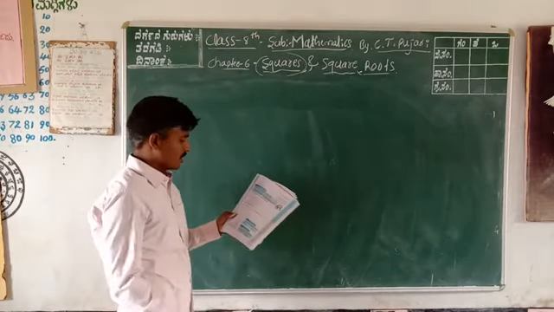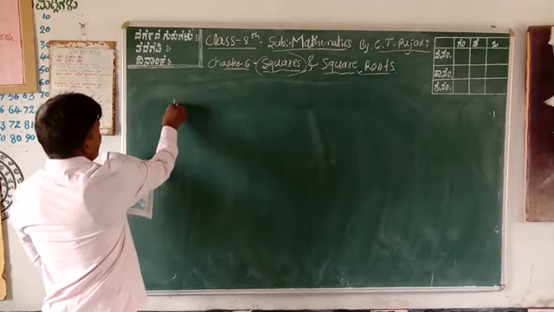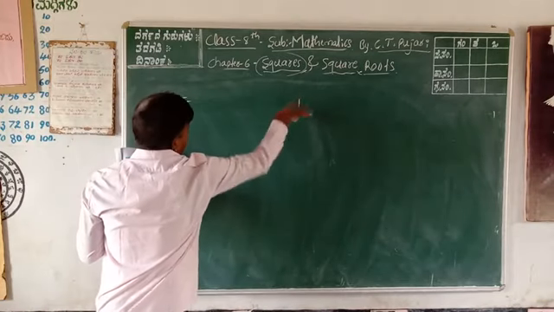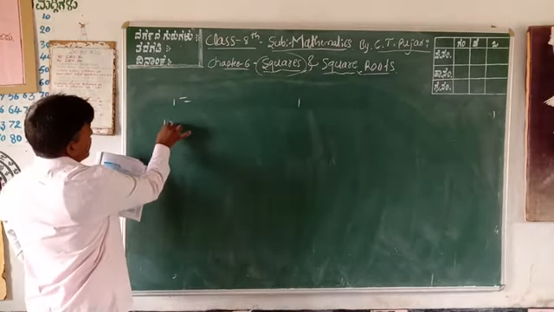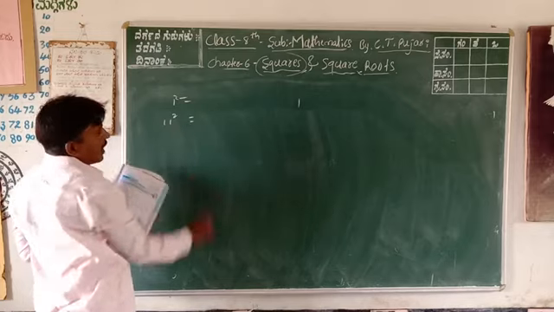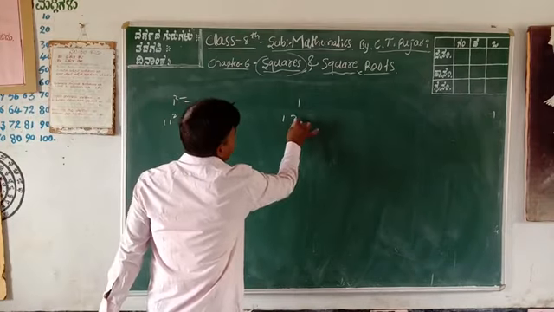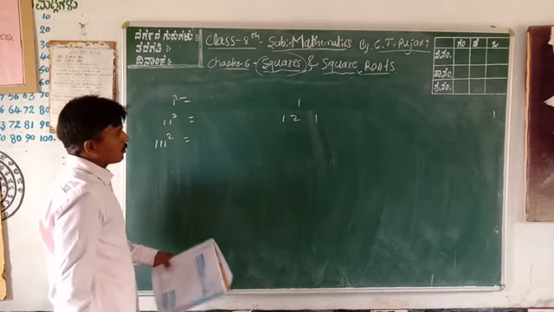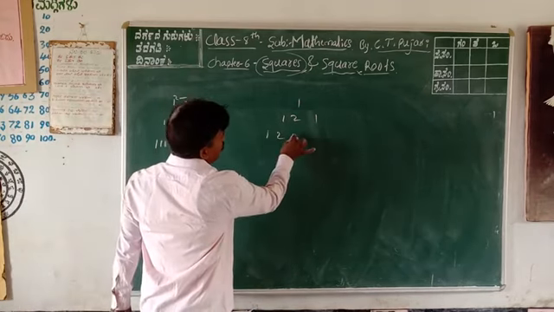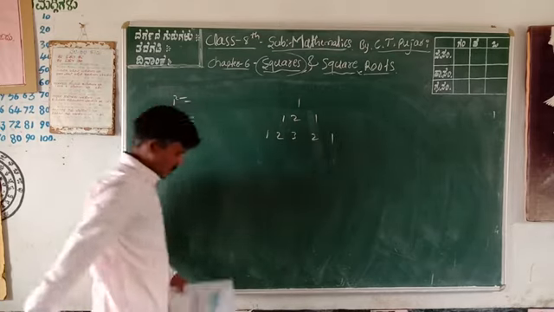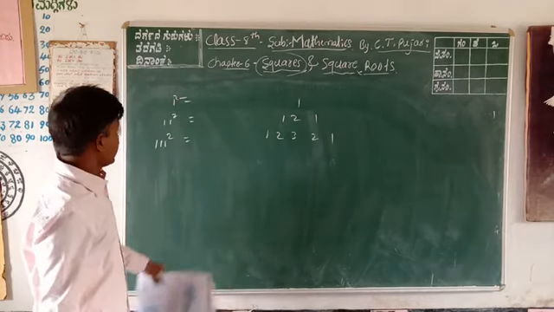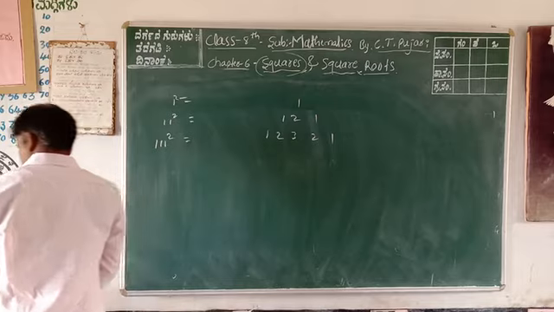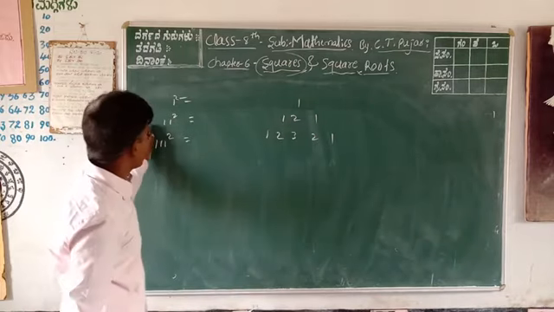First one: 1 square is equal to only 1. Next, 11 square is equal to 121. 111 square is equal to 12321.